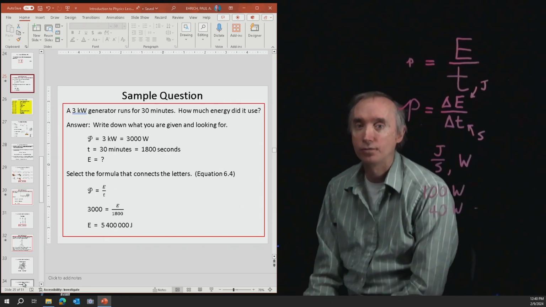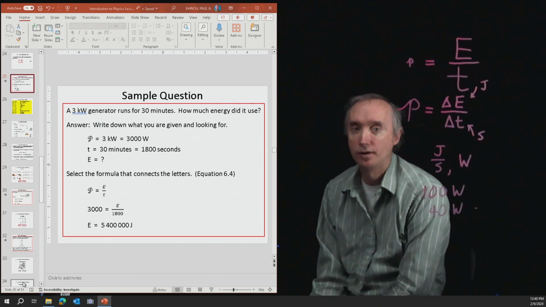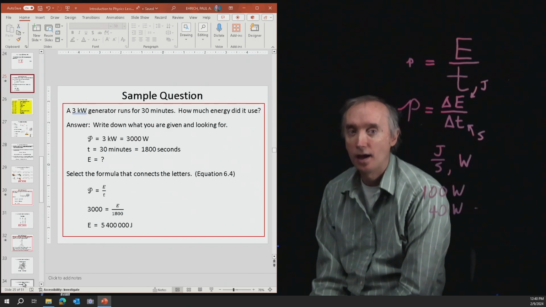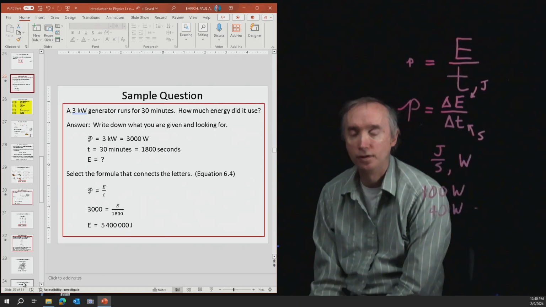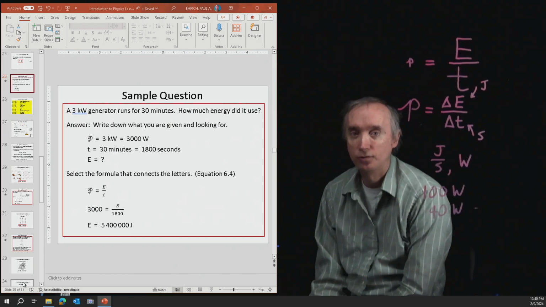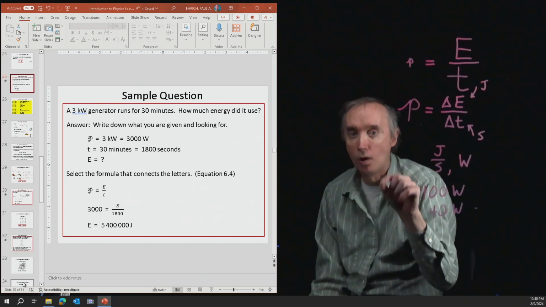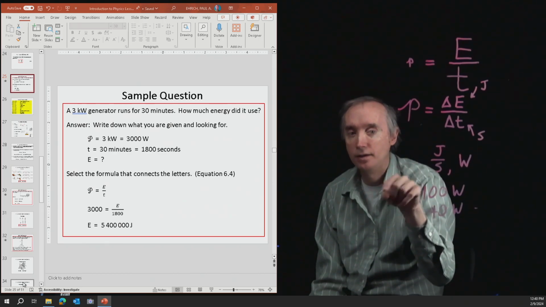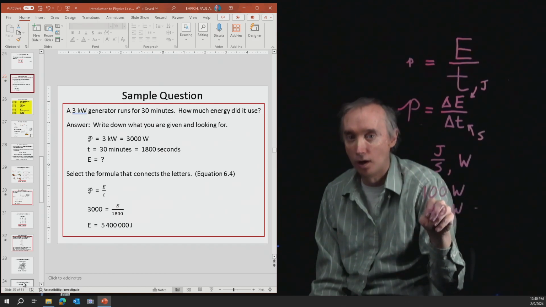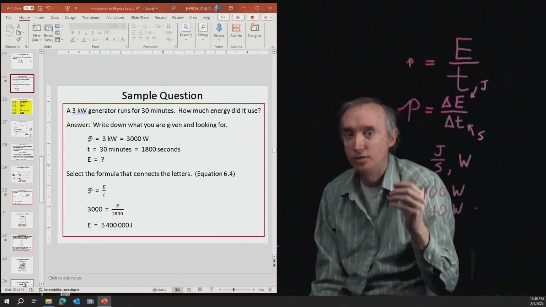So let's look at an example here. You have a 3 kilowatt generator, and it's going to run for 30 minutes. How much energy did it use? So we're going to write down what we're given and what we're looking for. When you see the word watt, even if it's got the K in front of it, kilowatts, remember that that's a unit of power.